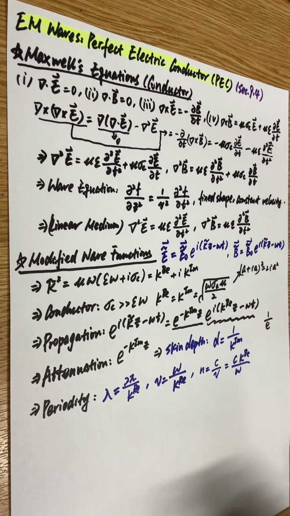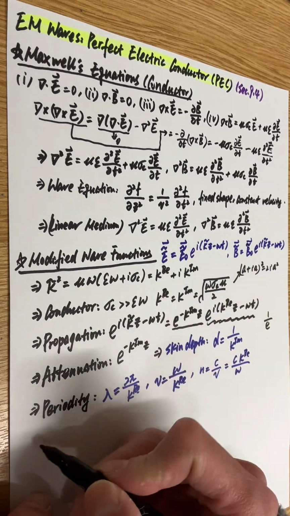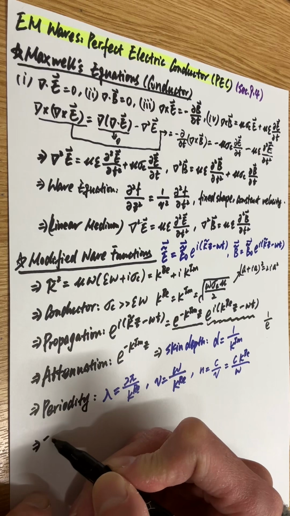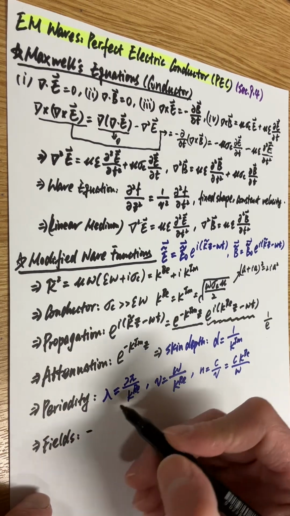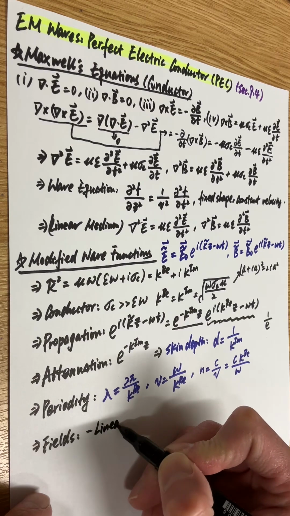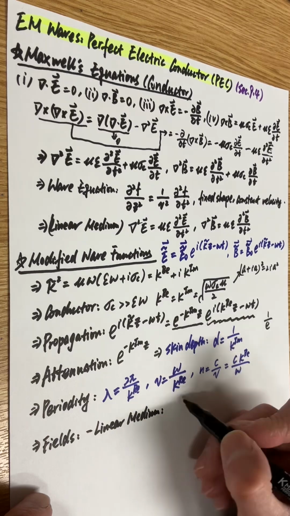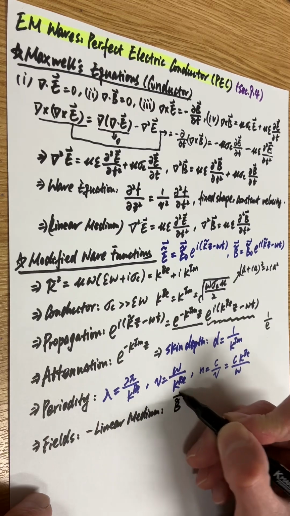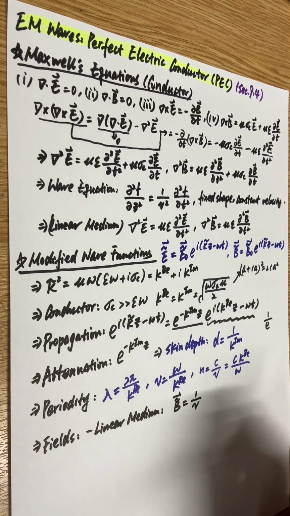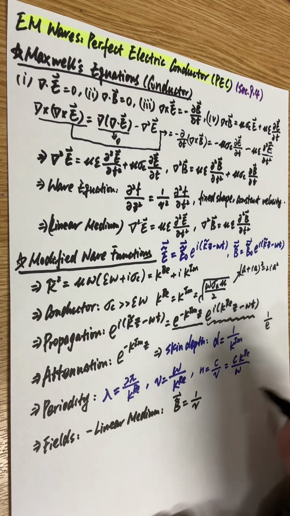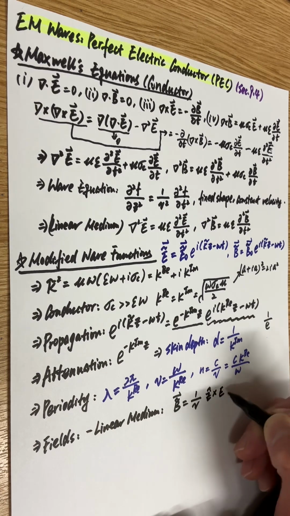So one last property is the relationship between the B field and the E field. We know that in a linear medium, the B field equals 1 divided by the velocity of wave propagation, and then the propagation direction cross the E field.